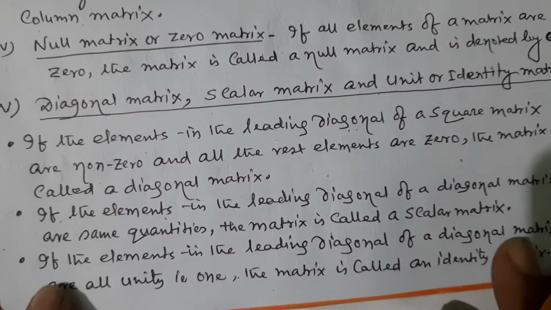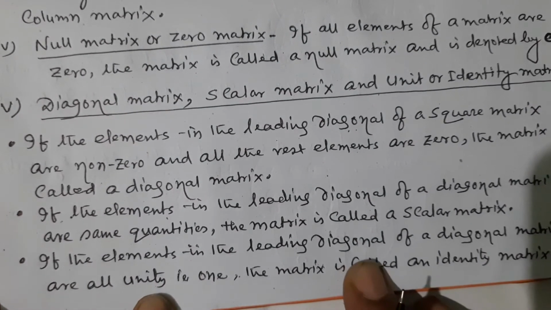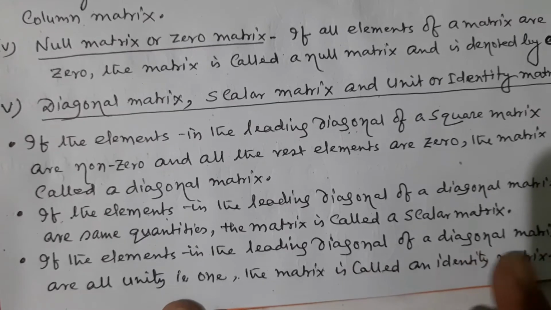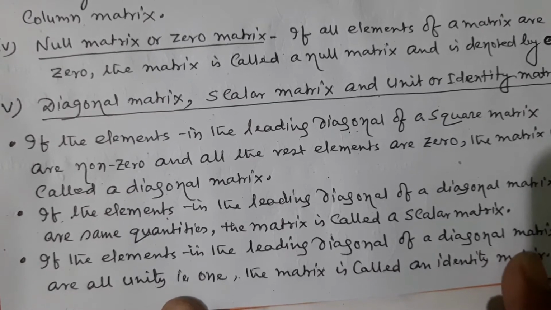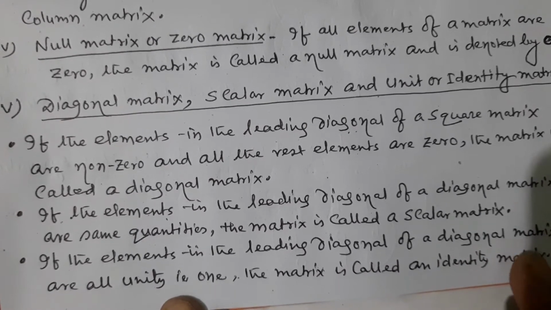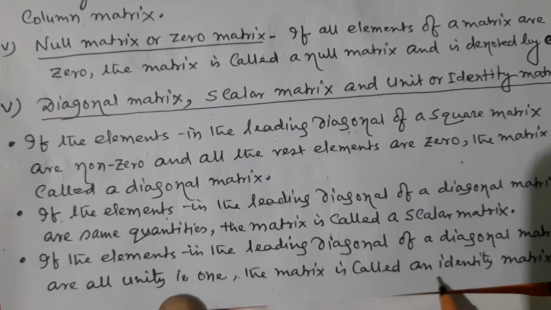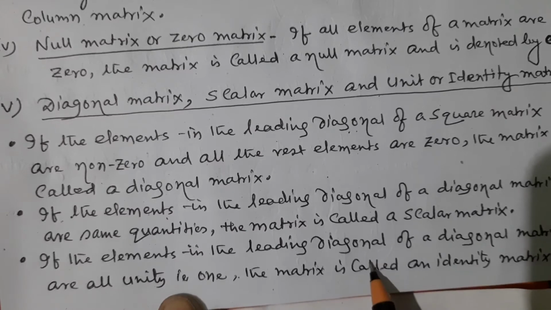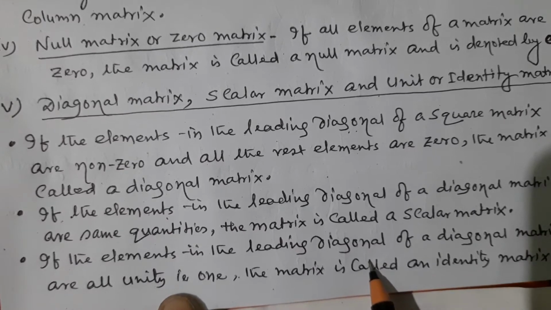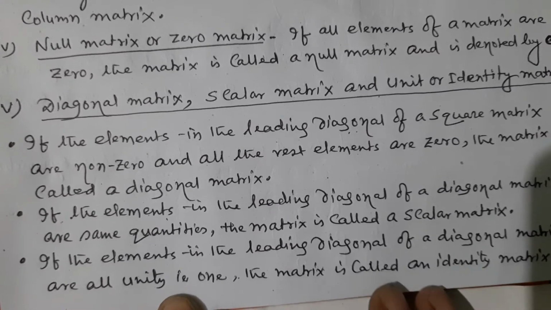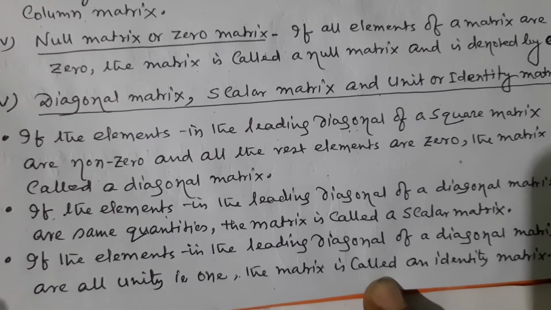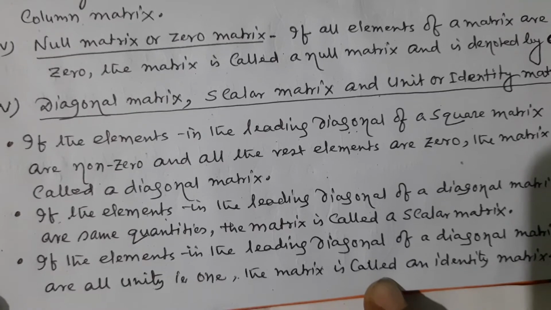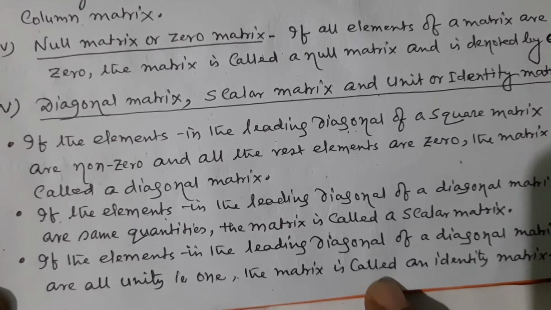If the elements in the leading diagonal of a diagonal matrix are all unity, that is 1, then the matrix is said to be identity matrix. If leading diagonal elements are 1, then the square matrix, or the diagonal matrix, is said to be identity matrix.